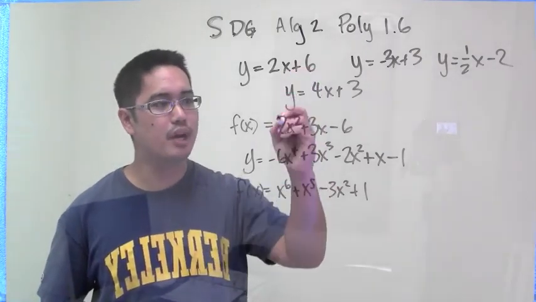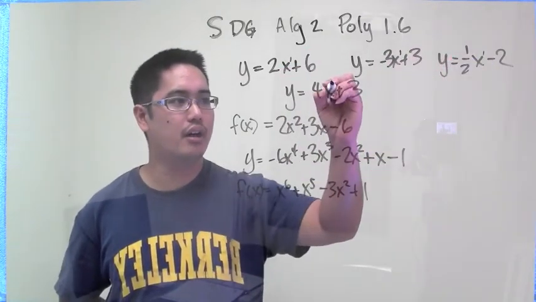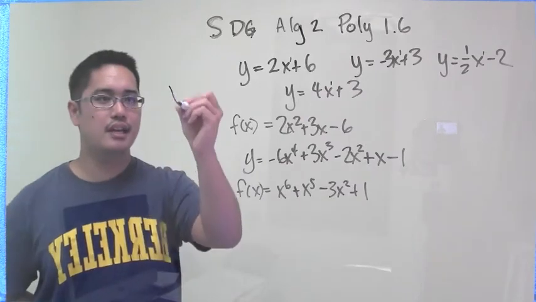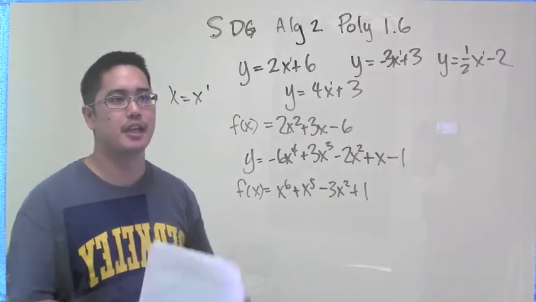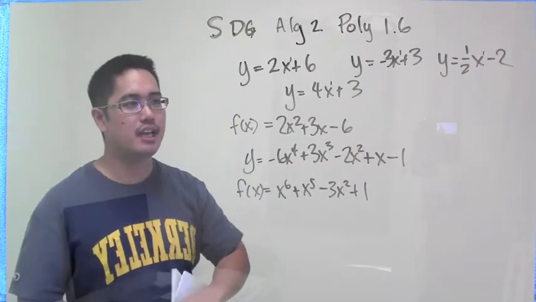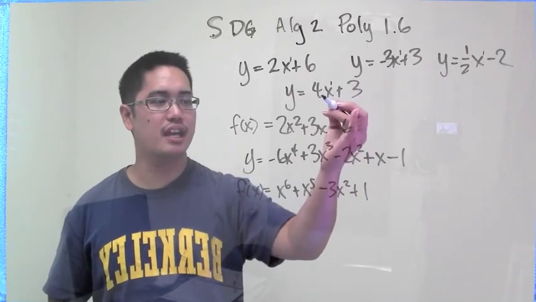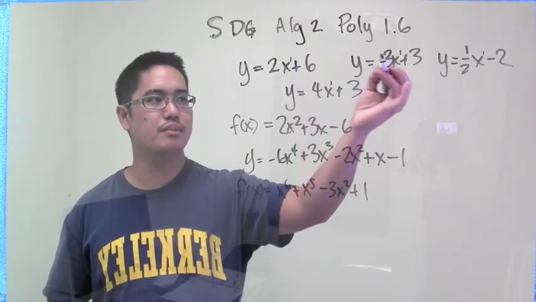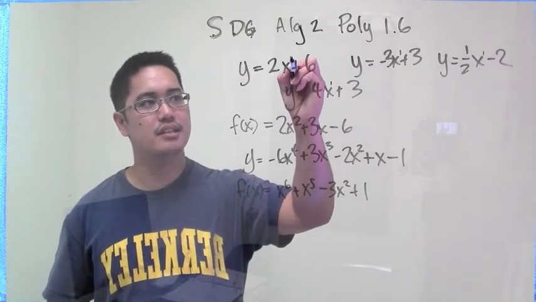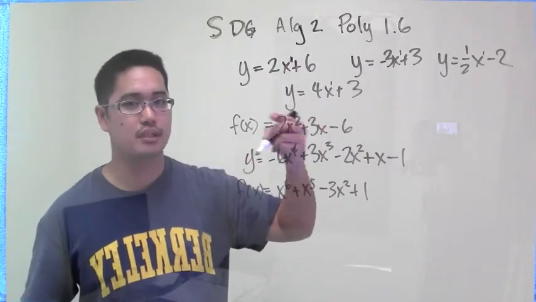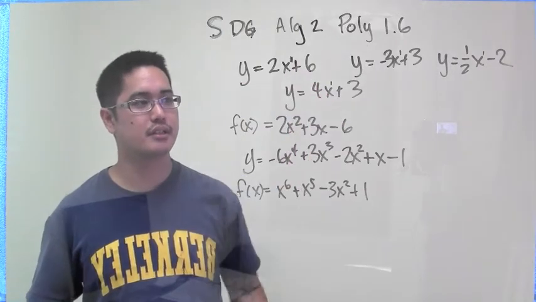We don't actually write this in there, but you can put a 1 on top over there, because x is the same as x to the 1st power. All right? Now, we say that this polynomial is to the 1st power, because the highest exponent on the x variable is 1 in this case.